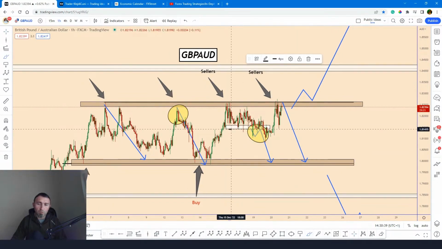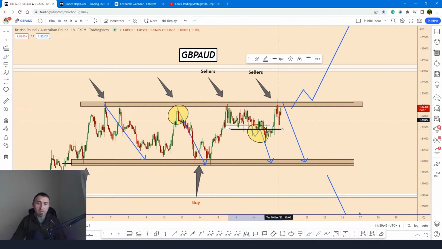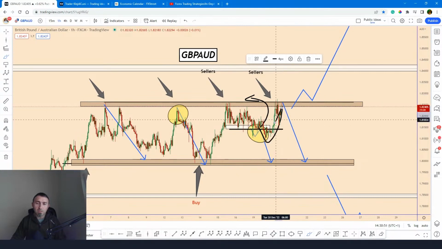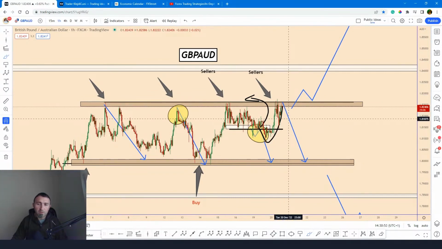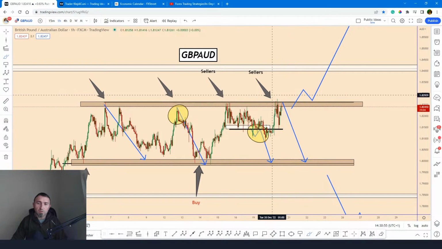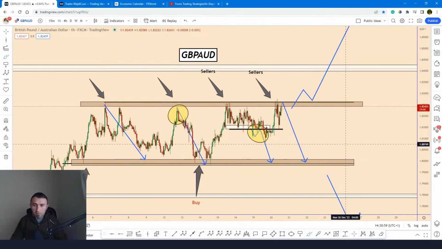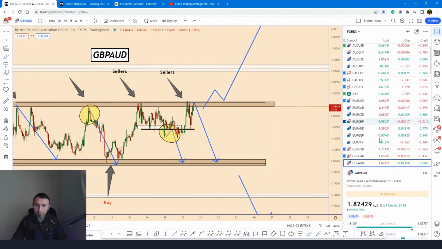A correction in the middle is never good for the trade, because you may position the stop losses above and the price does this move at this point. So it is better if you take the position on the upper or on the lower part of the structure. It looks very, very interesting in my opinion.